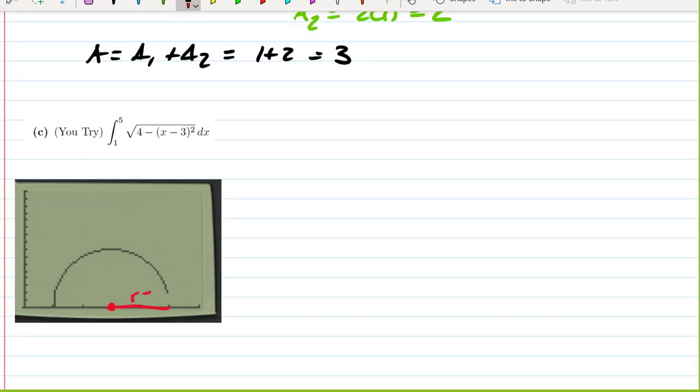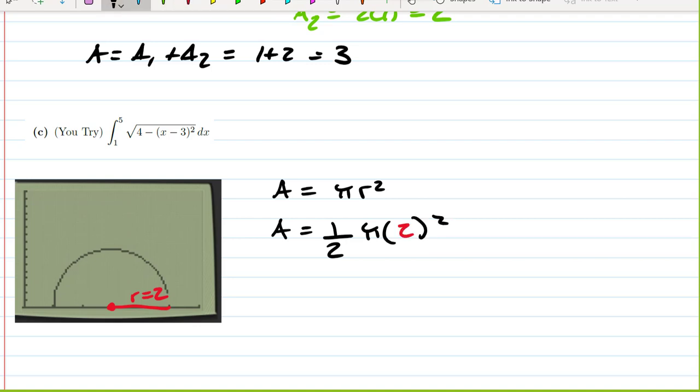So that gives us our radius of 2, and our area formula for a circle is normally pi r squared, but we only have half of a circle, so it's 1/2 pi times our radius squared. So the 1/2 and one of the 2's reduce out, so we get 2 pi. So the value of that integral is going to be 2 pi because it's half of a circle.